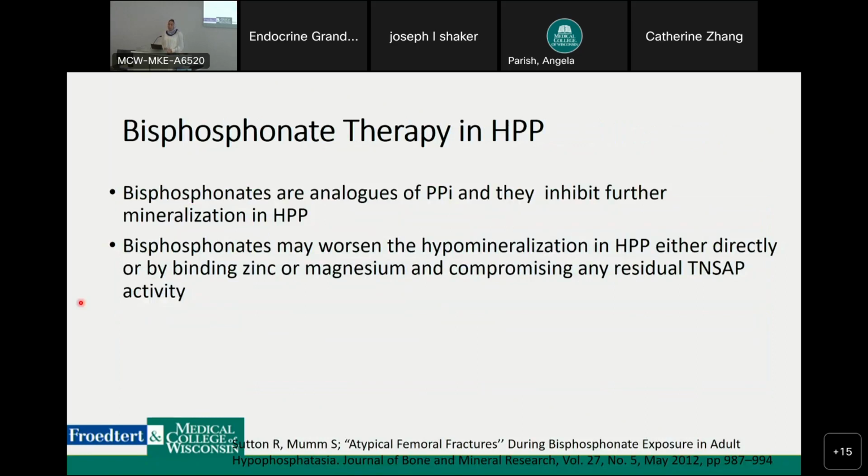The reason is that bisphosphonates are analogs of inorganic pyrophosphate, and as we mentioned earlier, inorganic pyrophosphates are potent inhibitors of mineralization. They can also bind to the residual zinc, magnesium, and other minerals, and make the remnant mineralization even worse.